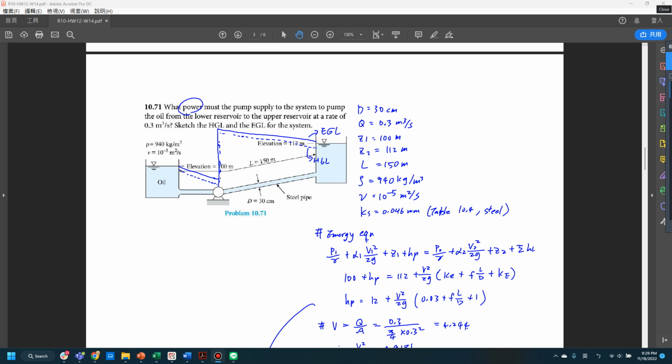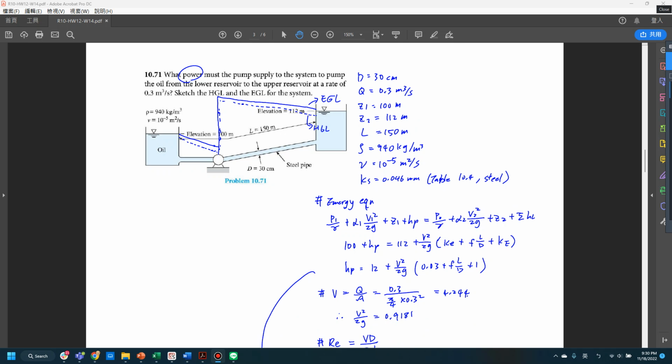Viscosity is equal to 10 to the power of -5, and its ks is equal to 0.046 millimeter. Same according to table 10.4, and because this is a steel pipeline, you will find the corresponding ks in this table 10.4.